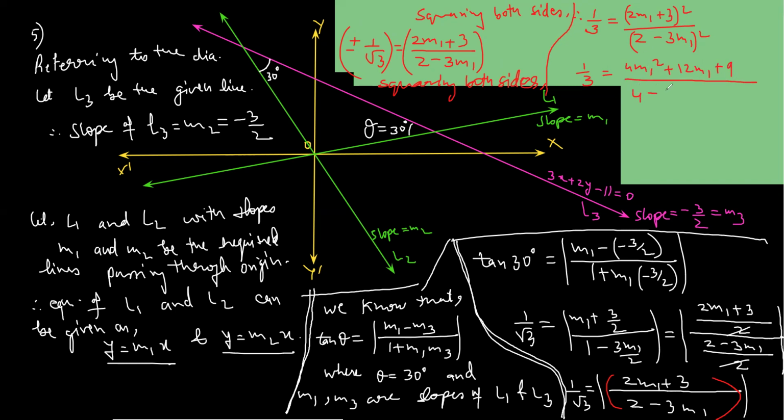4 minus 12m1 plus 9m1 square. Now cross multiply and solve. I will cross multiply and solve.